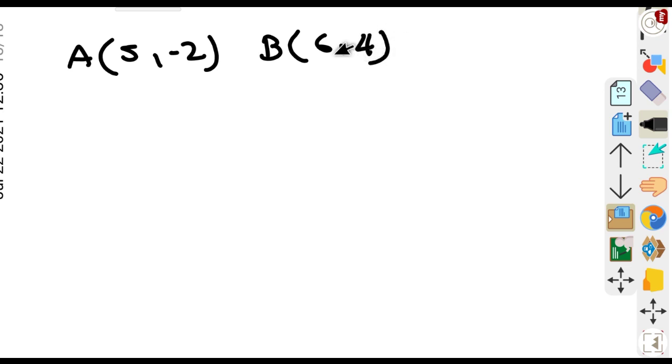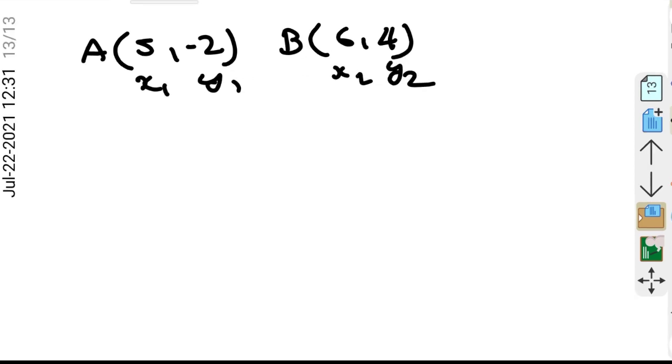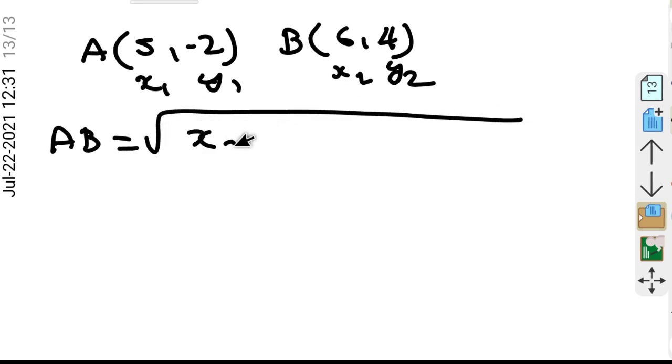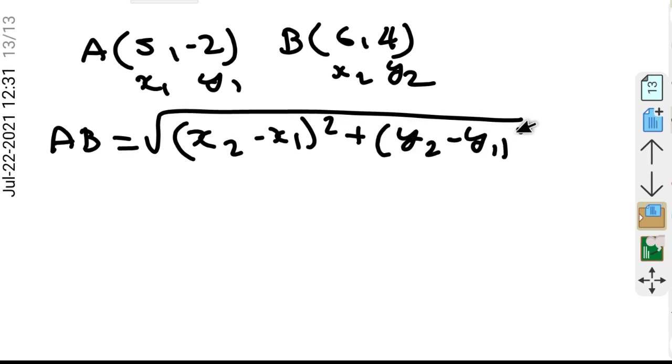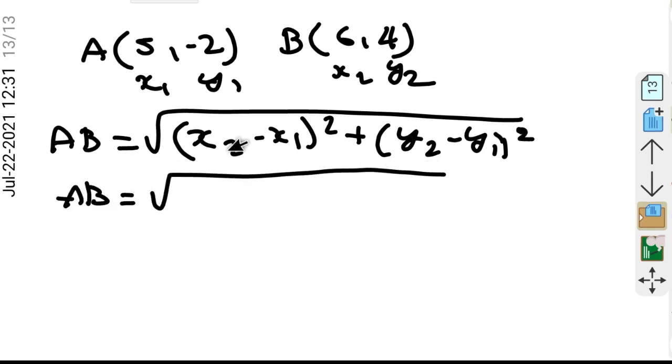Now simple, as usual, x1 y1, x2 y2. By using the distance formula, AB equals under root of x2 minus x1 whole square plus y2 minus y1 whole square. Now you have the data, so apply the data to the formula and simplify it.